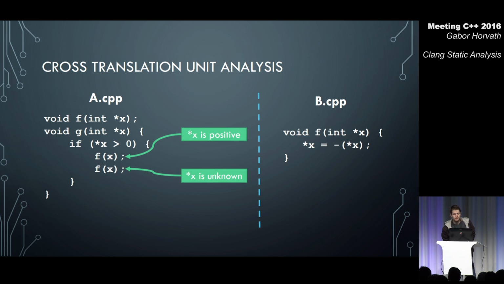But since we have no information about the function f while we are analyzing a.cpp and the corresponding translation unit, and the function f could do anything to the value that is pointed to by this pointer, we have no information about the value pointed to by x by the time we call the function f the second time.